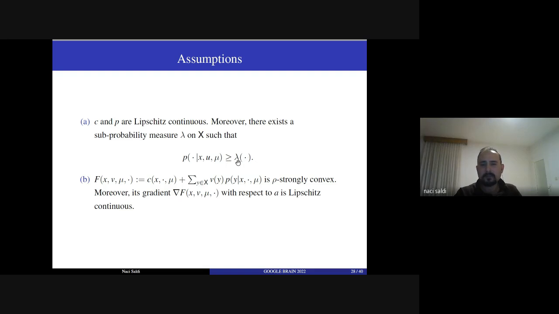This is called a minorizing sub-probability measure, and it is used a lot in the analysis of average cost problems in Markov decision theory. The other assumptions are very similar, and the only difference is the following: in the description of capital F, we don't have the beta term anymore.